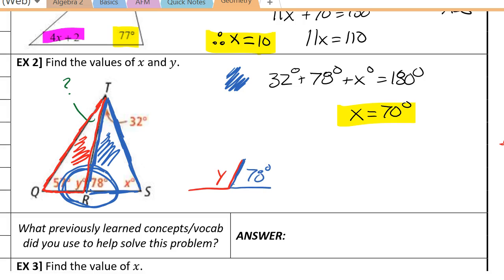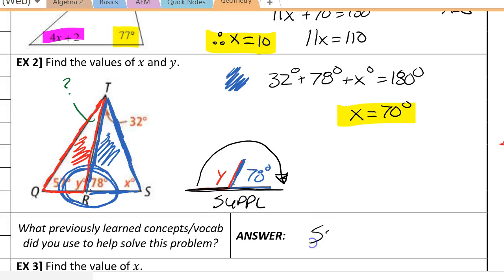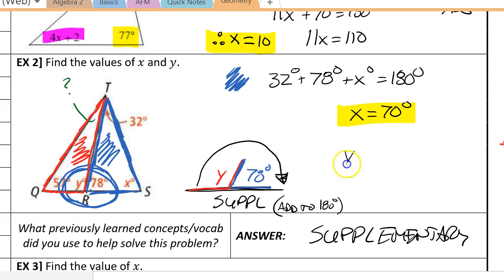They are together on a straight line, which means that they are, from a previous unit, supplementary angles. And supplementary angles we know add to 180 degrees. So in terms of solving this, y plus 78 degrees is equal to 180 degrees. So therefore, y is equal to 102 degrees.